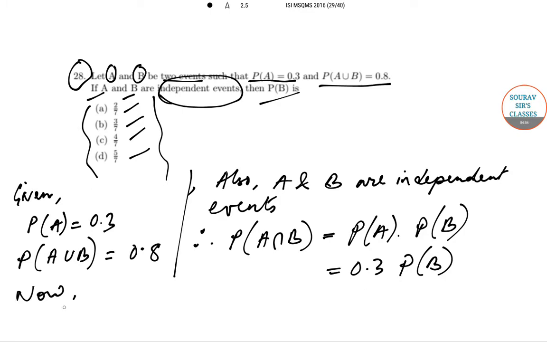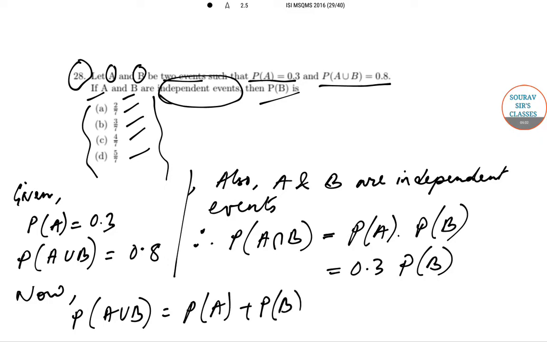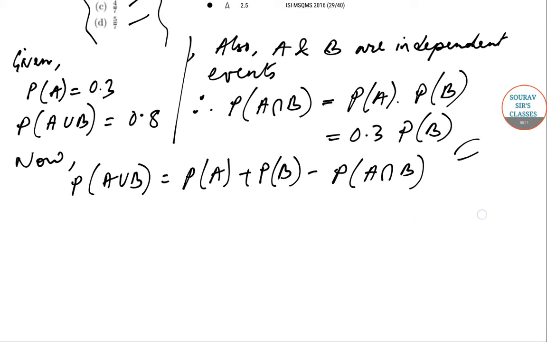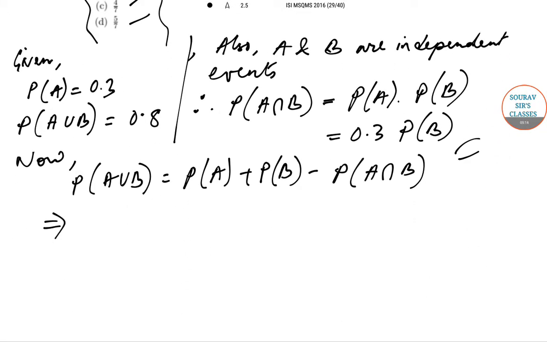Now P of A union B is equal to P of A plus P of B minus P of A intersection B. So this gives us, we know that the value of P of A union B is equal to 0.8, P of A is equal to 0.3, P of B we have to find out, and P of A intersection B is equal to 0.3 PB.